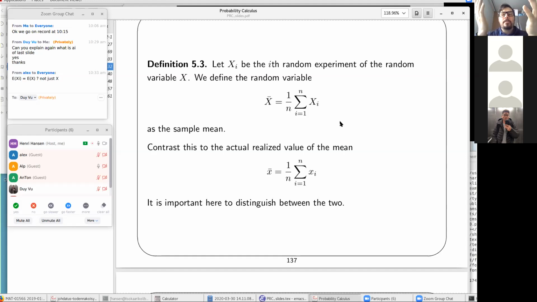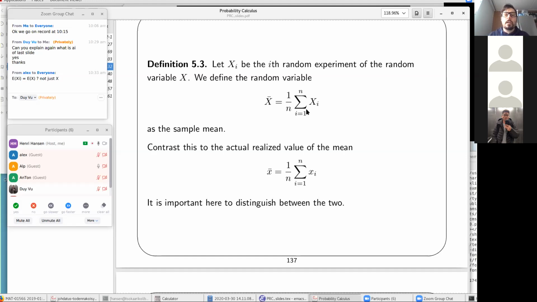It's going to be random before you have actually made the experiment of measuring these n numbers. And once you have those numbers, there's an actual value of the average of that particular outcome of the sample. It's the difference between rolling a die and the number that you actually got when you did roll the dice.